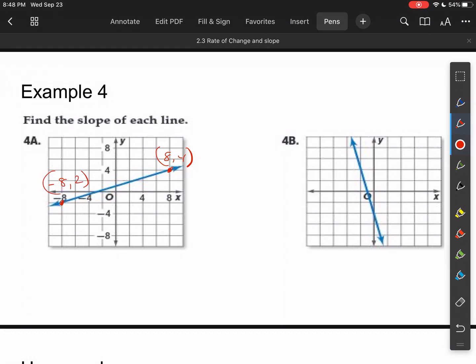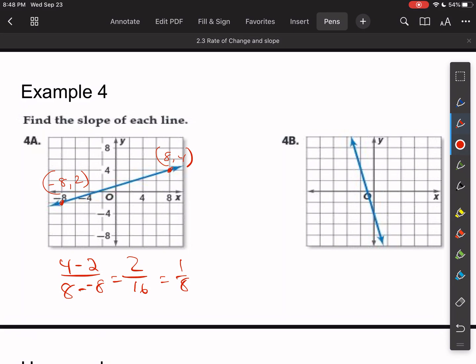To find the slope, we want to identify 2 solid points first, and now we can just do the change in y over change in x. So I could do 4 minus 2 over 8 minus negative 8, which is 2 over 16, which is 1/8. So the slope here would be 1 over 8.